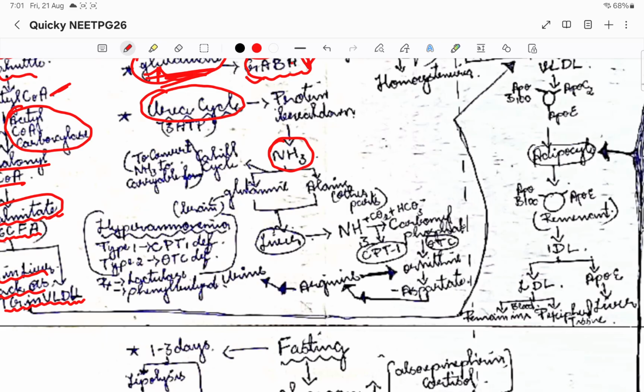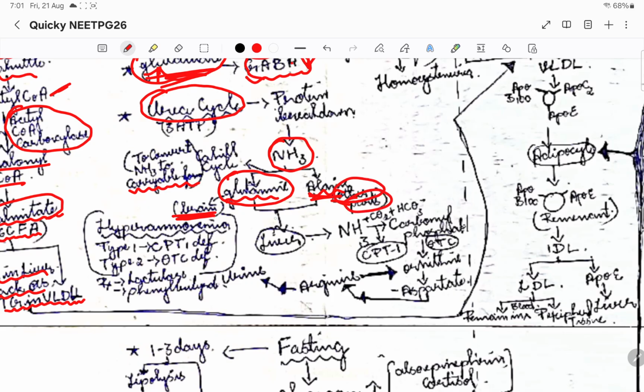So immediately a cycle called the Cahill cycle occurs, where this NH3 is converted to a carryable form. What are these carryable forms? They are glutamine and alanine. Glutamine is the carryable form of ammonia in the brain, please remember this, whereas alanine is the carryable form in all the other parts of our body.